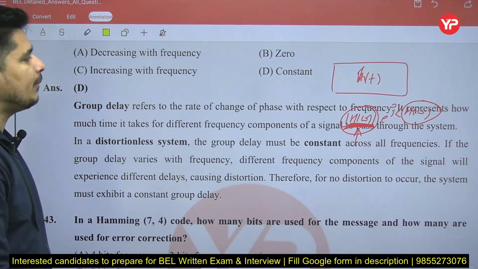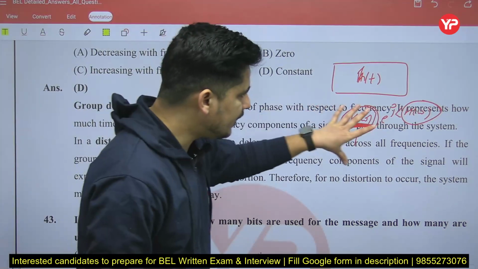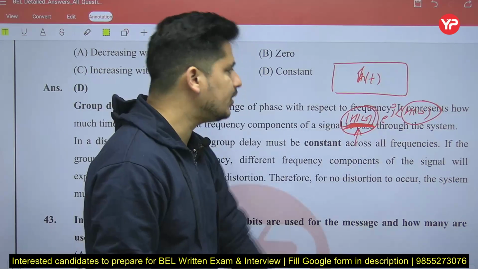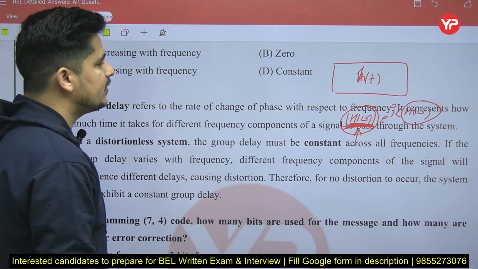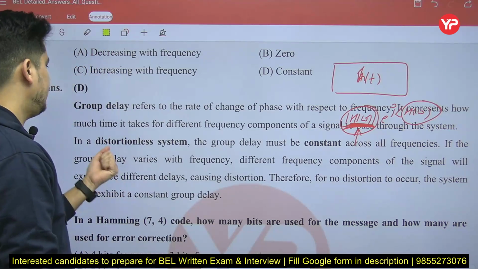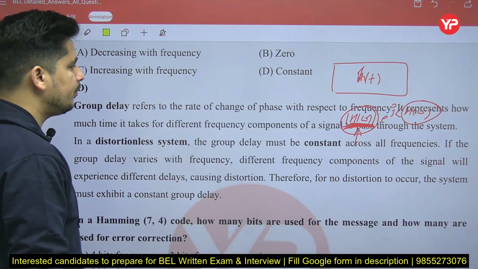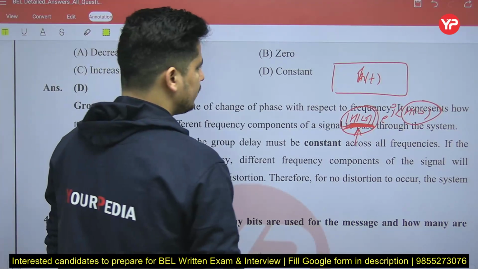If your magnitude is independent of frequency and phase is a linear function of frequency, then we can say that your system is distortionless. See, if I am talking about the group delay, what will it be?